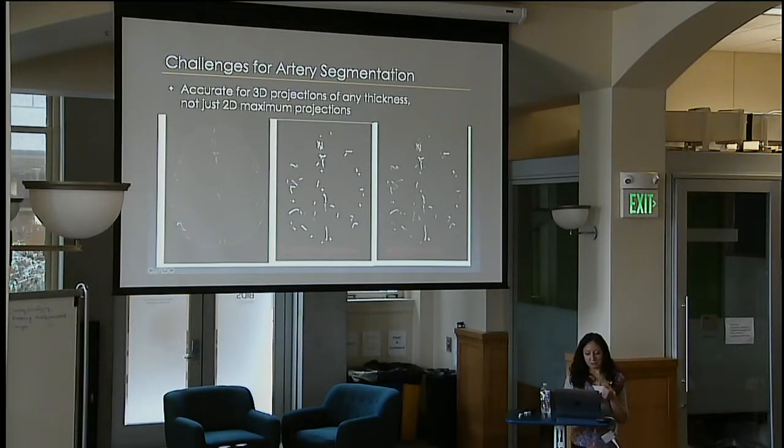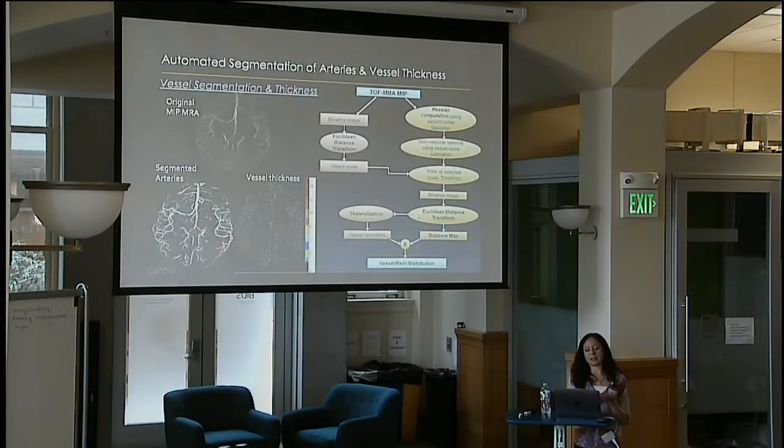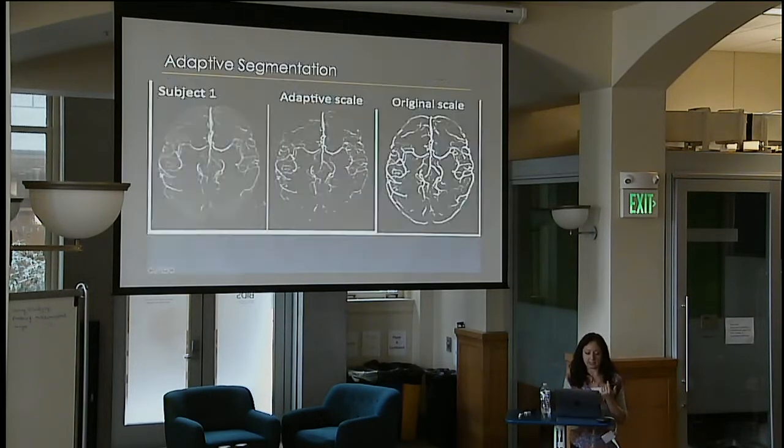So that made us come up with a modified method where we include a measure of vessel thickness through Euclidean distance transform in selecting the scales to put into the Hessian filters. From this, we were able to achieve a good segmentation of arteries as well as a map of vessel thickness.